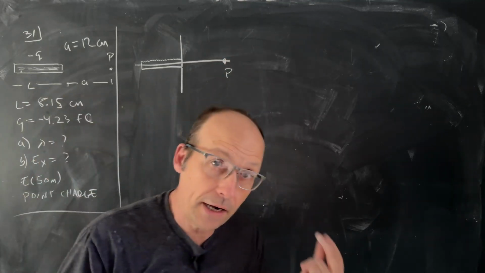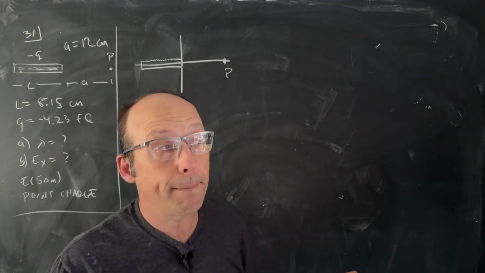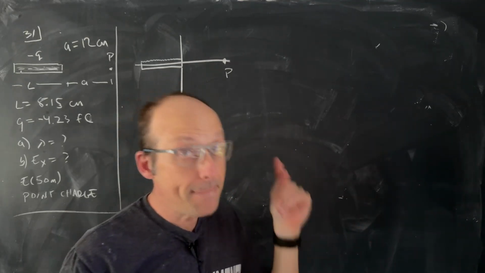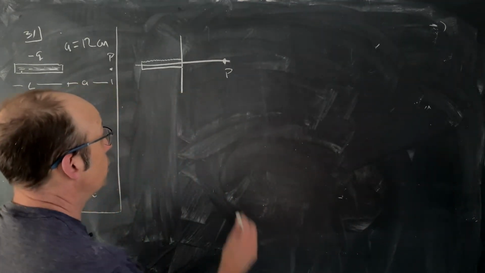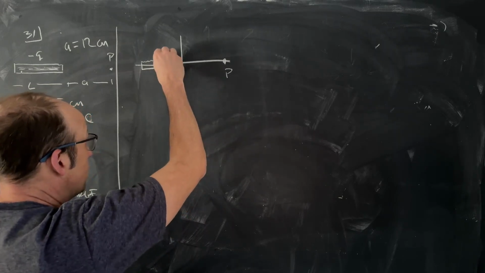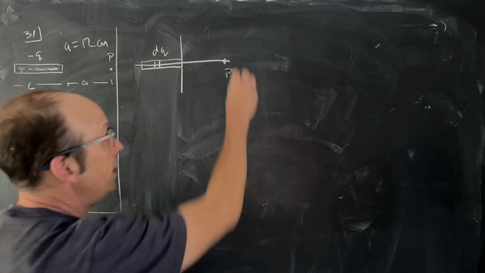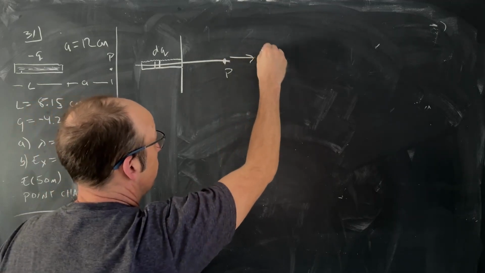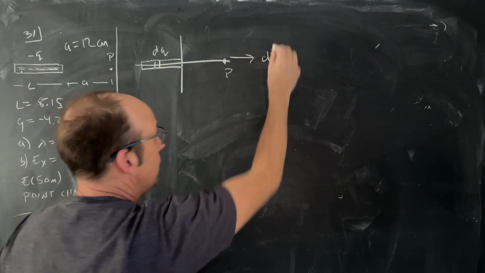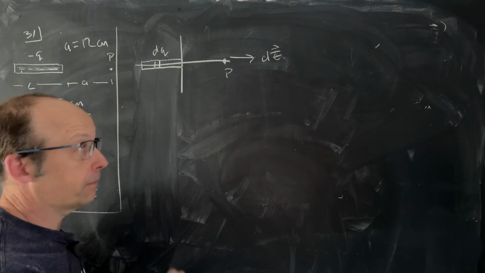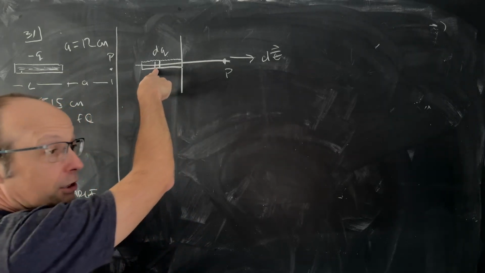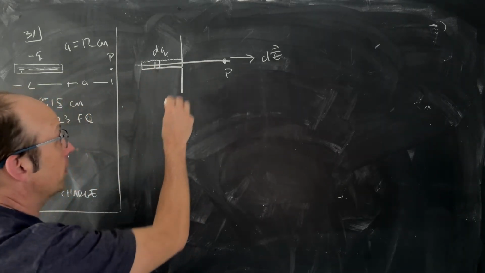Now, how do I find the electric field due to something that's not a point? Well, I make it a point. That's what I do. So I can break this into little pieces dq. And then I can find the electric field dE due to that one point. And then if that's a small piece, I can write the following.